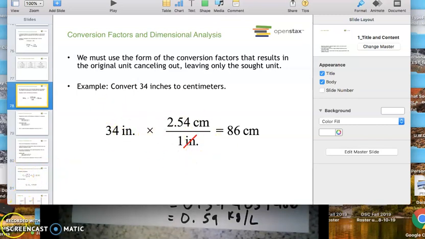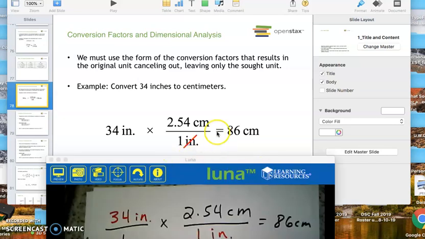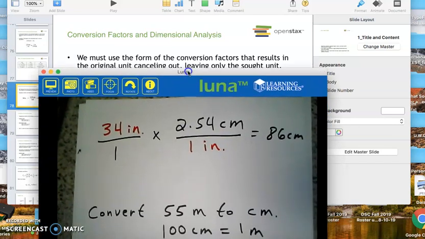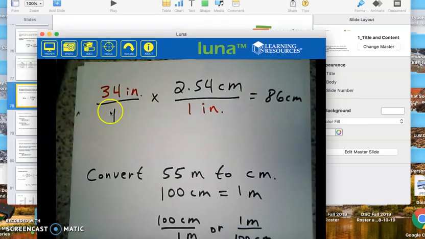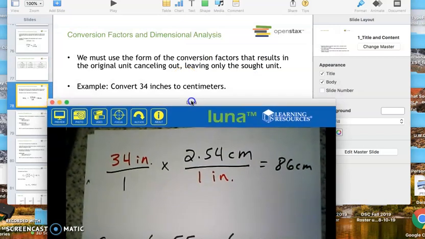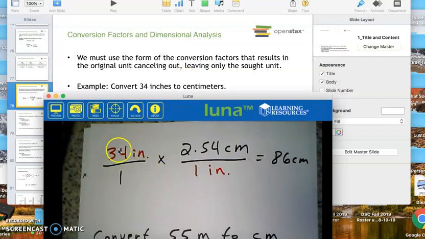So let me show you. Okay, so here I have the same problem written out, and you can see how they use the conversion factor where the units for inches are going to cancel out.